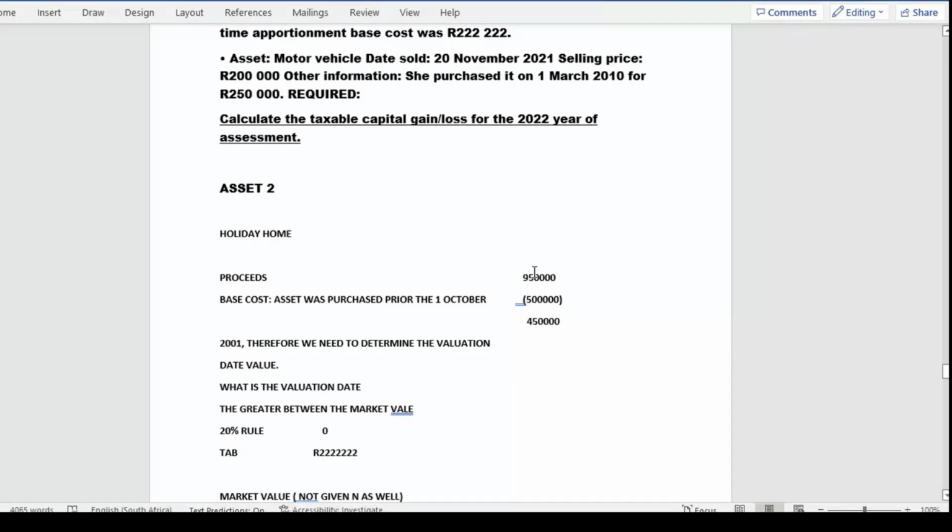I think here I made a mistake. It is supposed to be 925. My apologies. That must be correct. So the gain on the sale of the holiday home, 925 minus 500 is about 425.